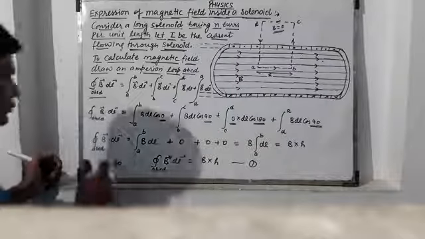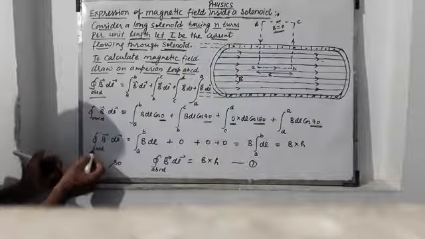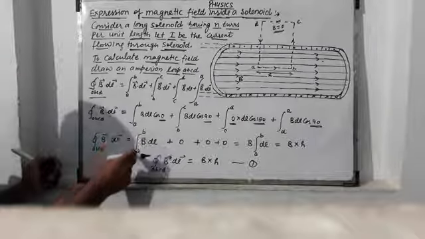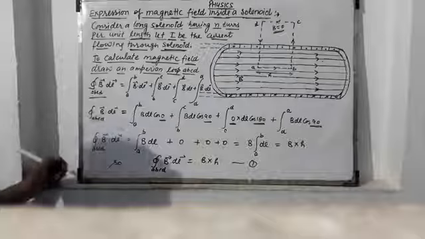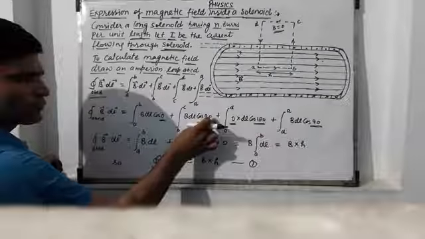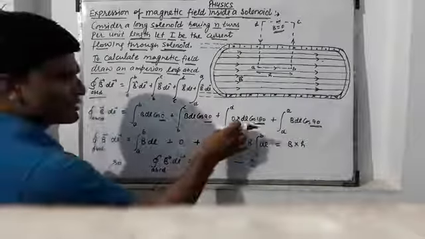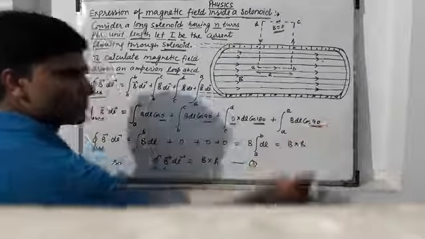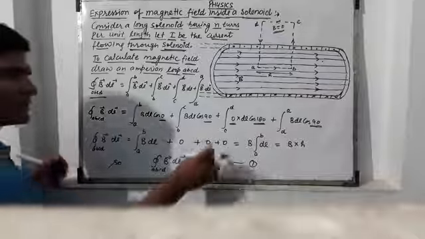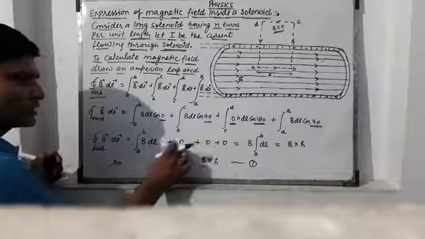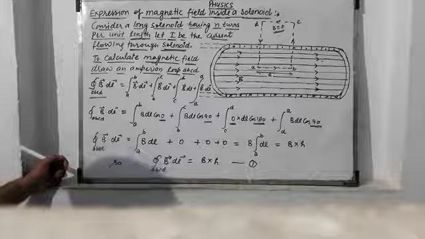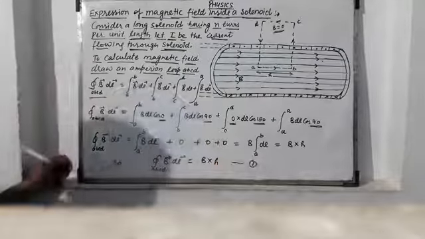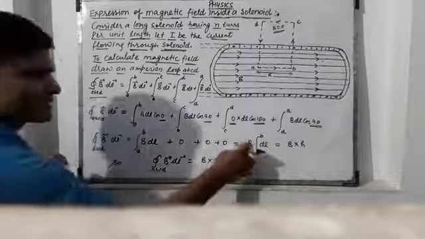So the line integral of B·dl around ABCD equals the A to B term plus the others. This is 0 for cos 90. This is 0 because the magnetic field is 0, and this is because cos 90 is 0. So these three terms become 0, and we have only one term from A to B. But the magnetic field is constant, so it is taken out.